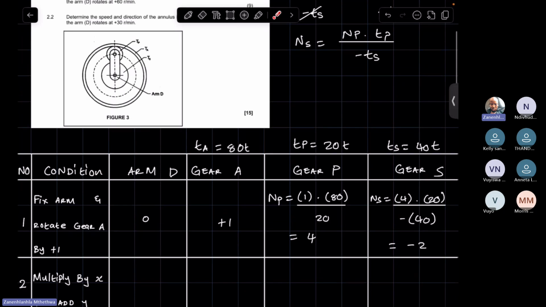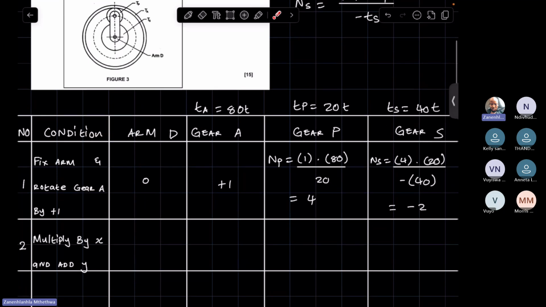And as you can see here, the question is 15 marks. It's normally 15 marks, but gear drives in the exam contribute 15% to the final exam. So essentially, if you mess up the first condition, it is pretty much over.